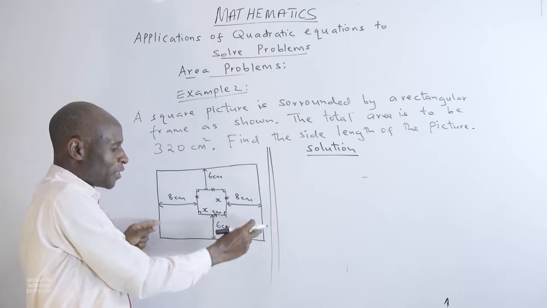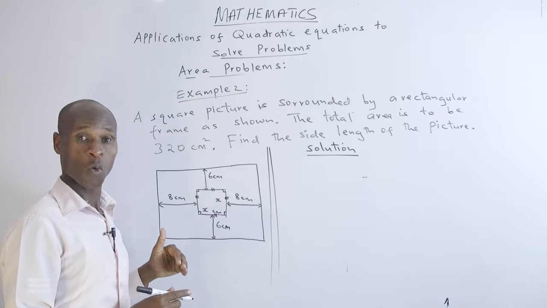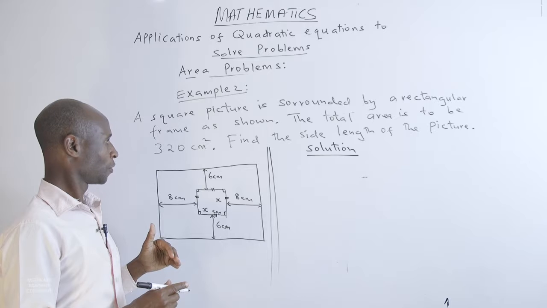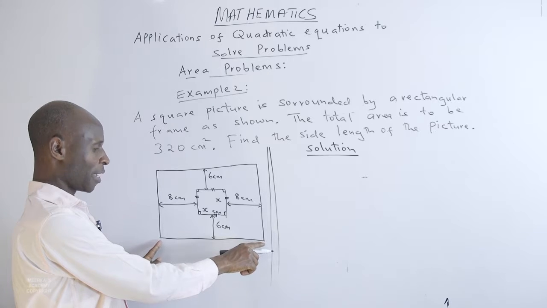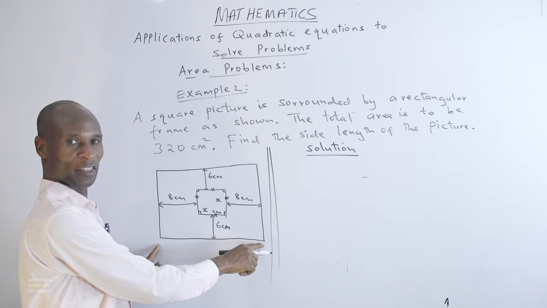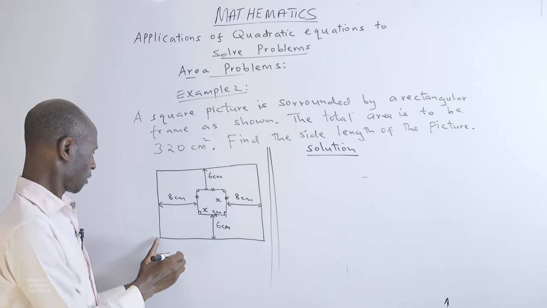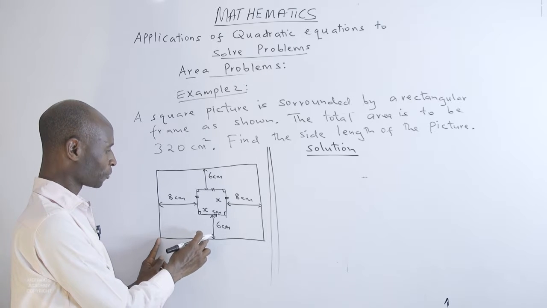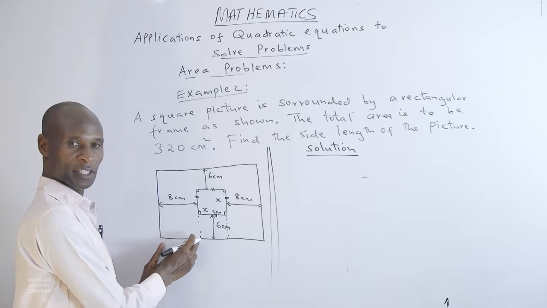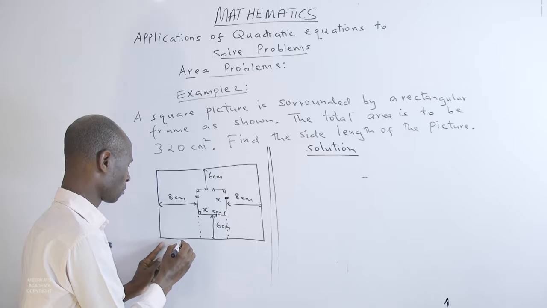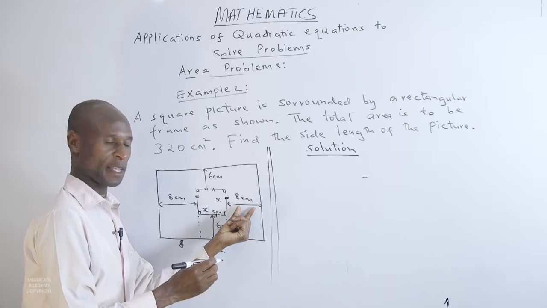Then the frame is rectangular. So that means the two sides are equal. Now, class, what is the dimension for length? The length. So in this case, we need to know that the dimension for length will be 8 centimeters plus x centimeters plus 8.